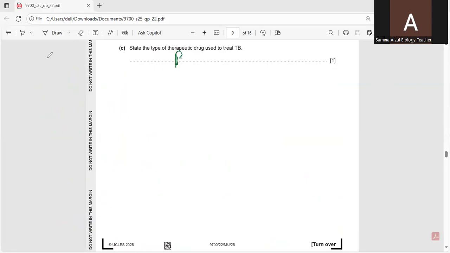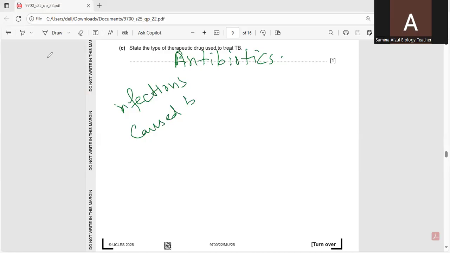So we will write only antibiotic, because infections caused by bacteria are cured only by antibiotics. Mycobacterium tuberculosis is that type of disease.